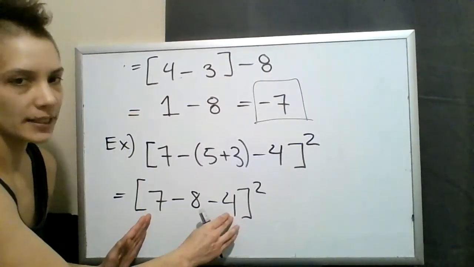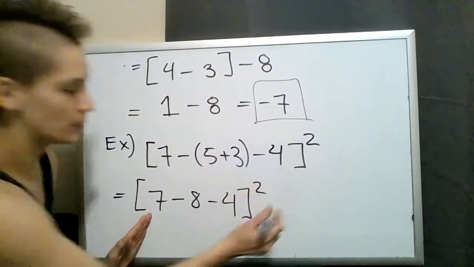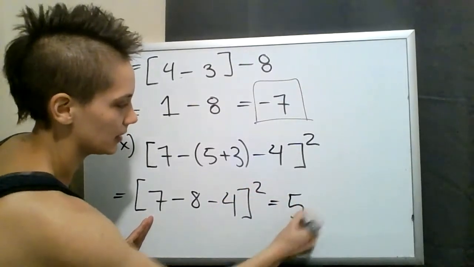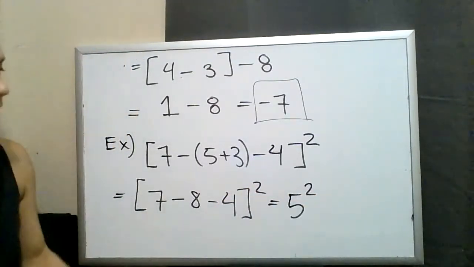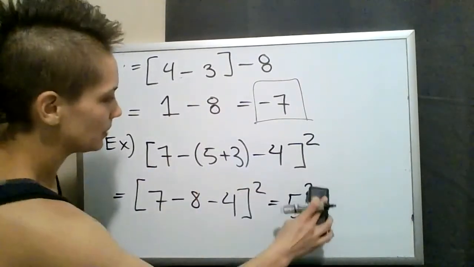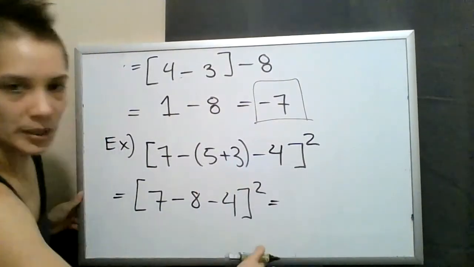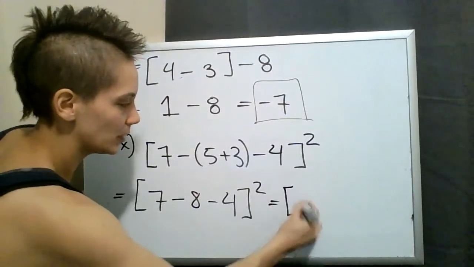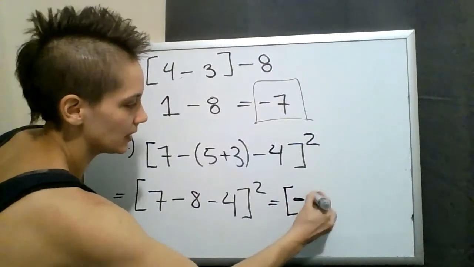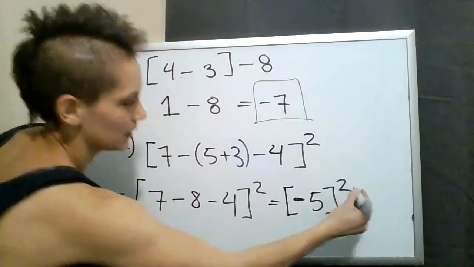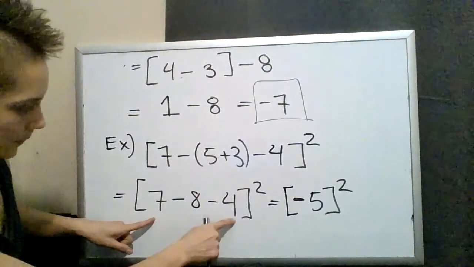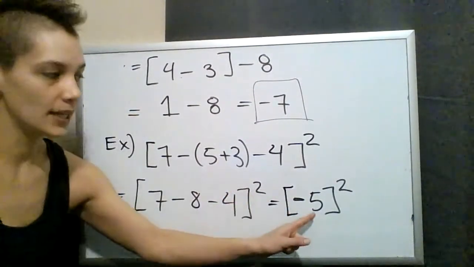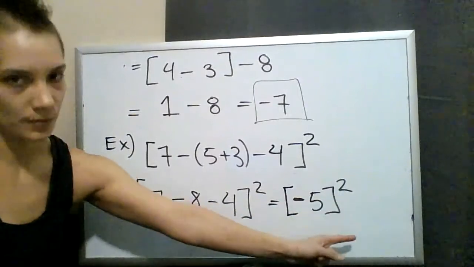Minus 4 gets us to -5. And then don't forget that power. Oh, oops. You know what? Let's even save those square brackets because it'll help point out that negative sign that I almost dropped. Okay, -5 squared will give us 25.